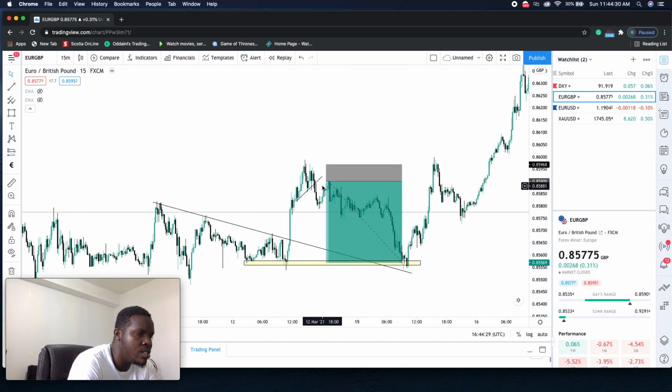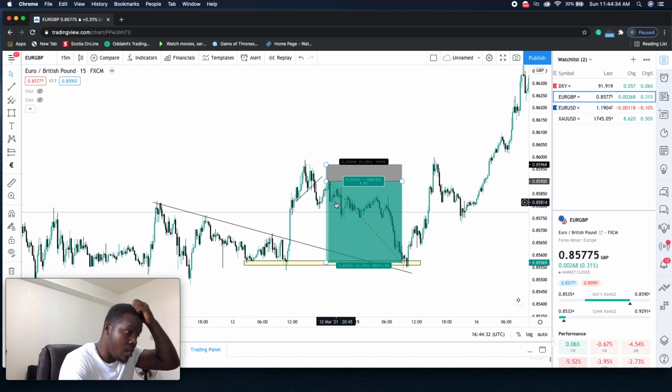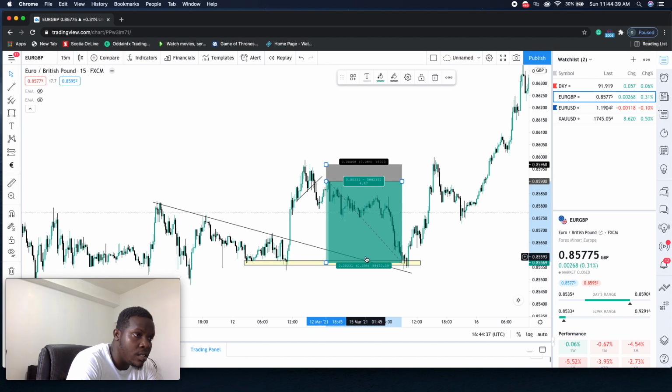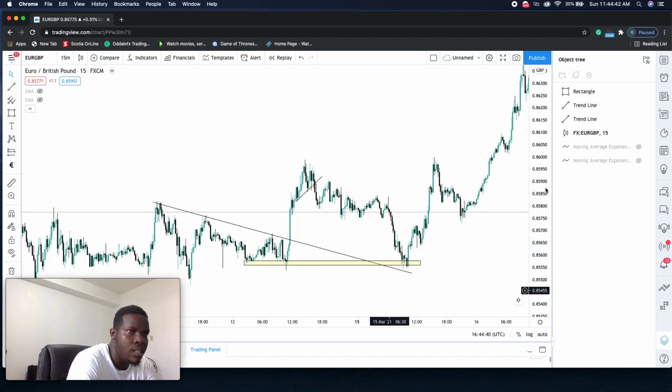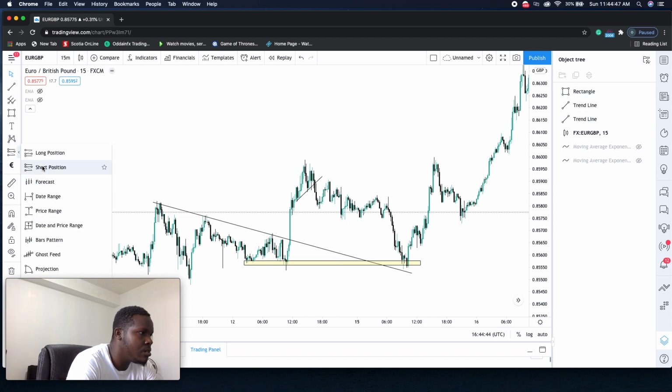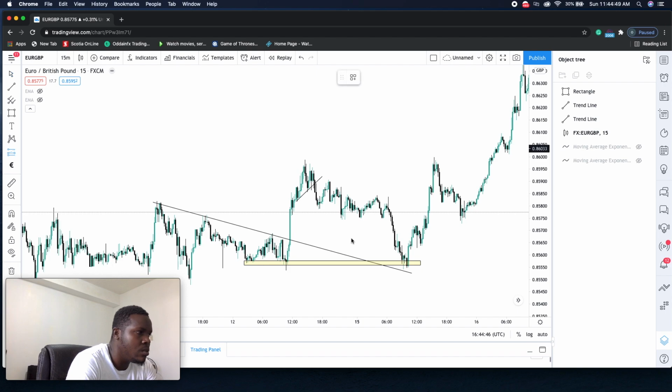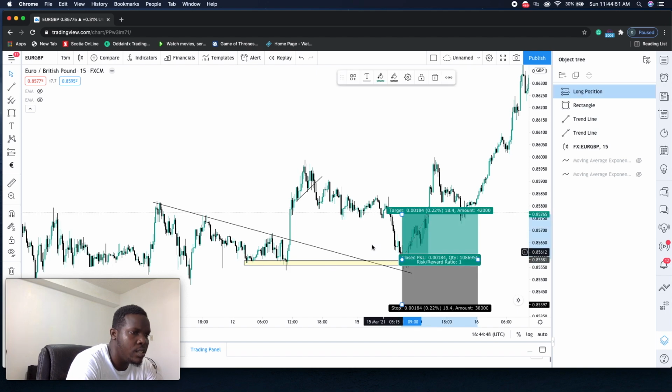I actually missed this trade because it played out on the Sunday, and I don't usually place trades on a Sunday. However, the second analysis that I was looking at was the buy from here. We took the buy from here in the signals group.